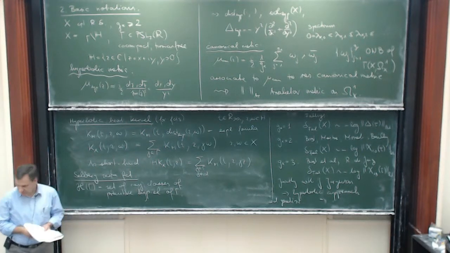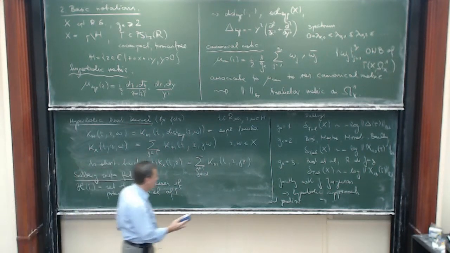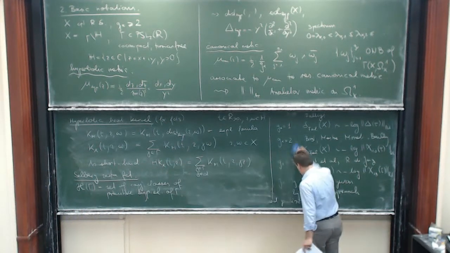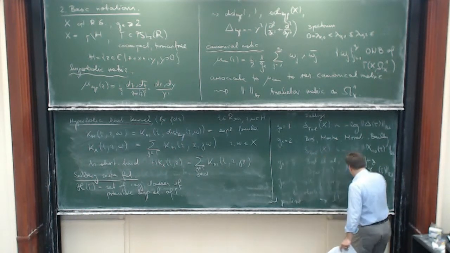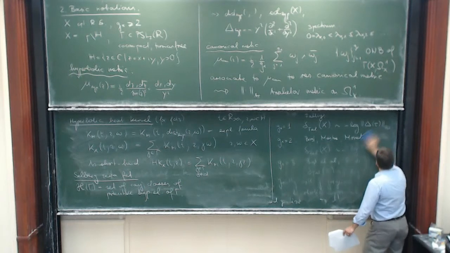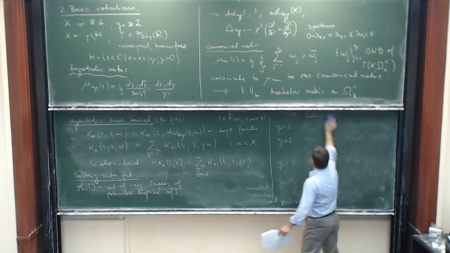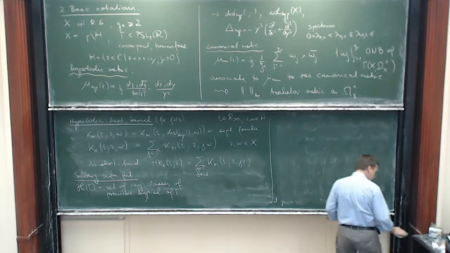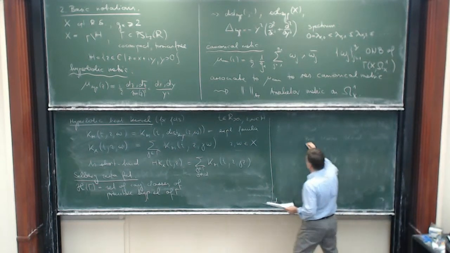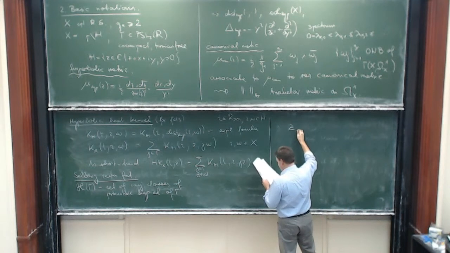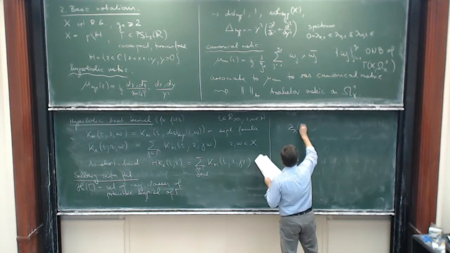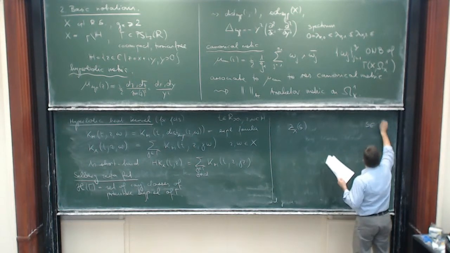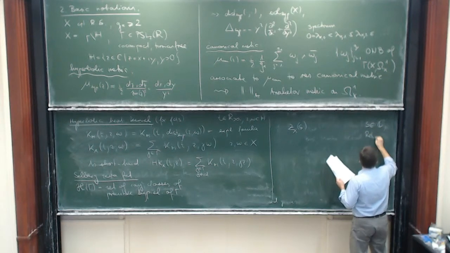And then the Selberg zeta function is a product over these primitive hyperbolic conjugacy classes with local factors. And the local factors are easily given. So let's just write it down. So we have Z, I call it Z_X of S. So S is now a complex parameter with large enough real part.